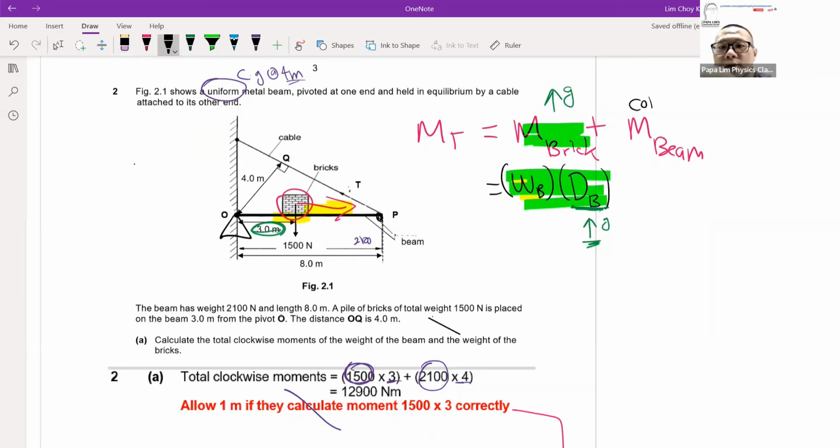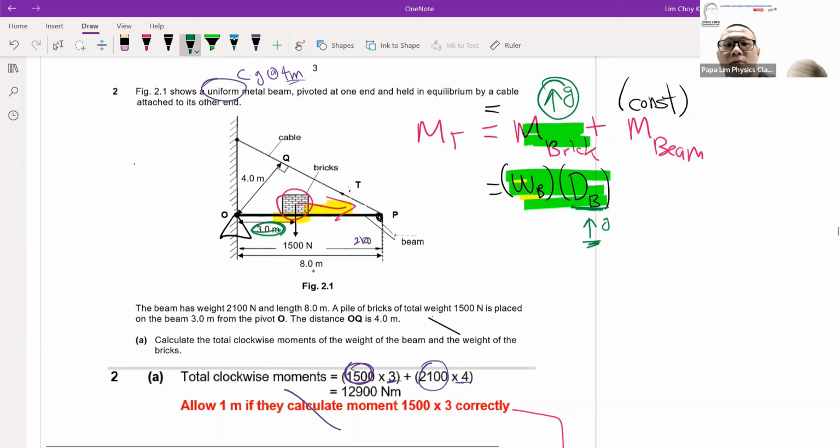So this is constant. What happened is, as the brick moves towards P, if I want the beam to be balanced, the moment has to be the same. Only one thing must happen. You will find that the clockwise moment on the right side is actually increasing because of the movement of the brick. So the tension in the rope, which is what we call the anti-clockwise moment, must also be increasing.